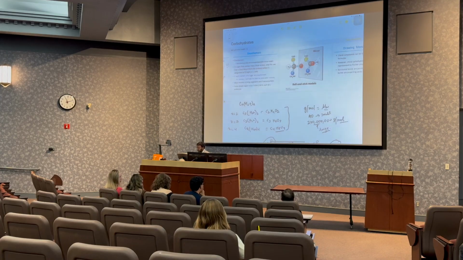I talked about enantiomers when I was teaching the amino acids chapter, right? Enantiomers are isomers that are non-superimposable mirror images. If you imagine a mirror between my two hands, you could see a mirror image of the same hand.